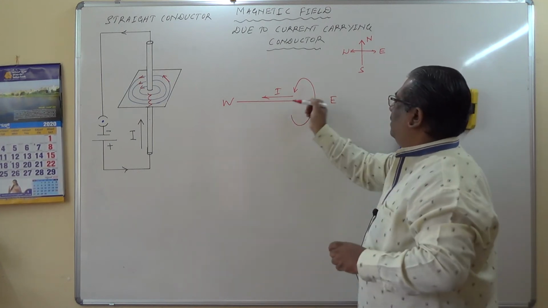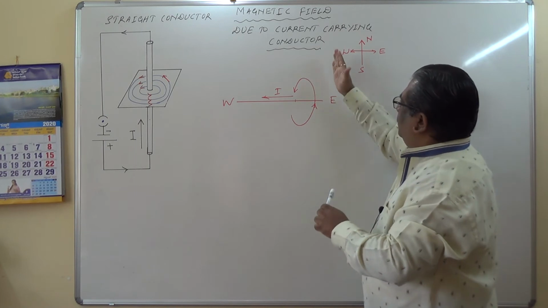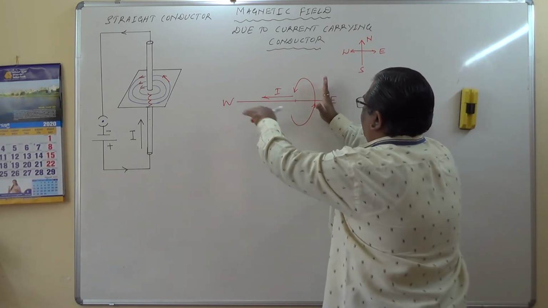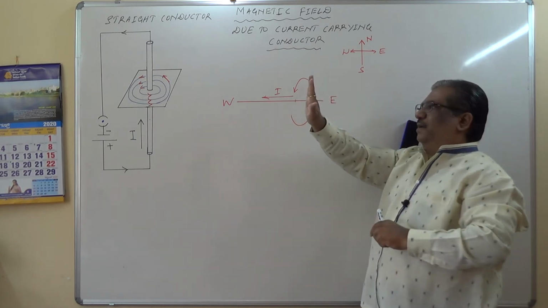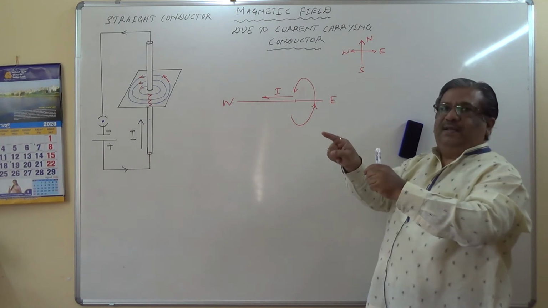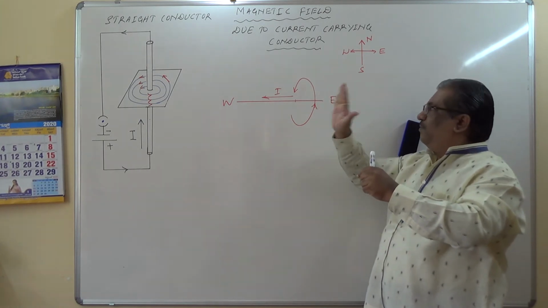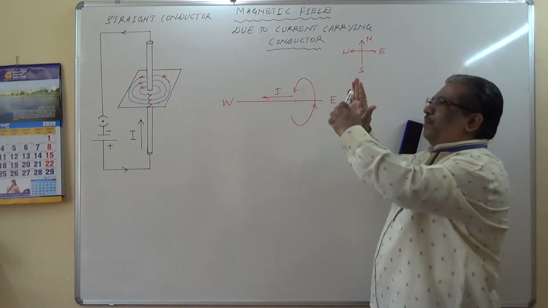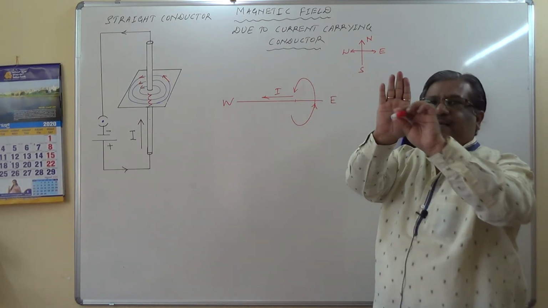Suppose this is the wire here, and a plane perpendicular to the wire is this plane. Let me look from the east side like this. In this case, this is clockwise. If I look from the east side, this is a plane which is perpendicular like this, exactly.